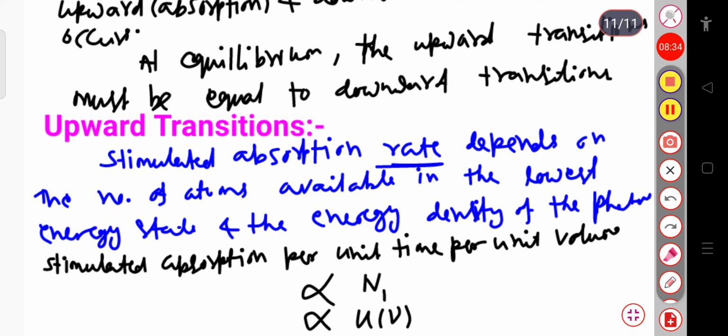If I remove the proportionality sign, I can write this will be equal to some constant, B12.